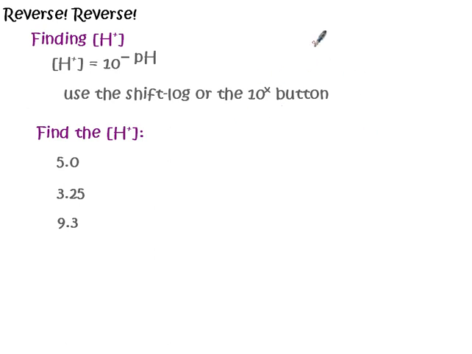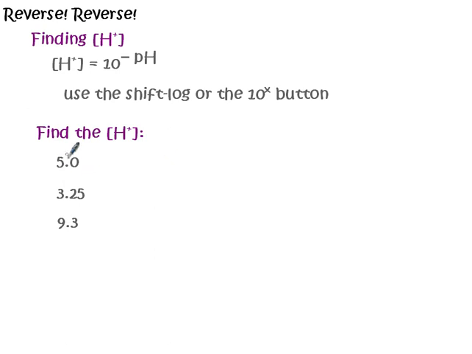So I usually go in this order: shift or second, and then I hit the log key, which is really the 10 to the x key now because you've hit the shift button. And then I put in the minus whatever the pH is. So that's the order of things in your calculator.